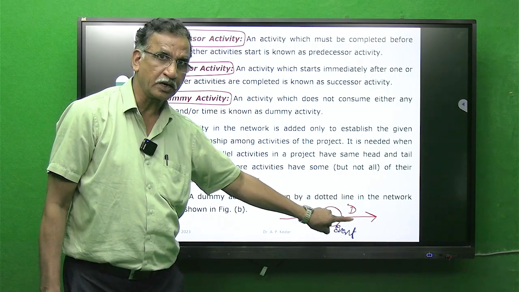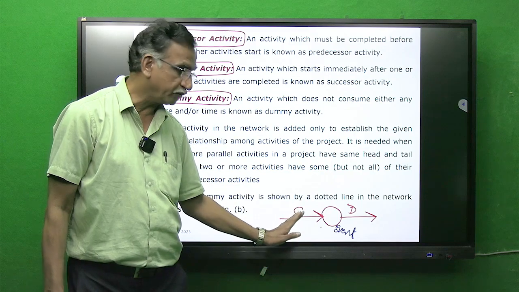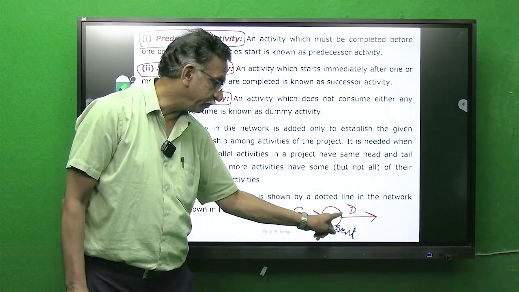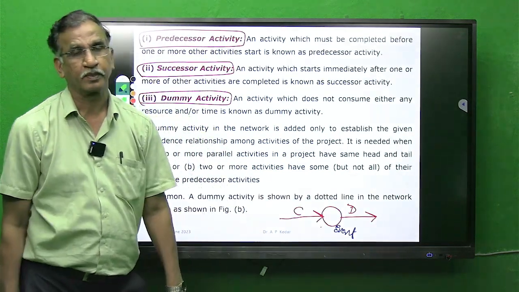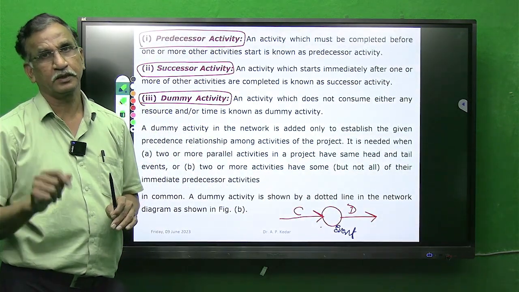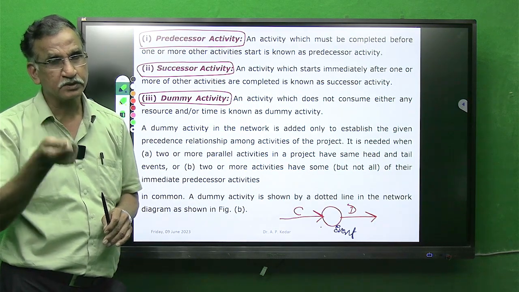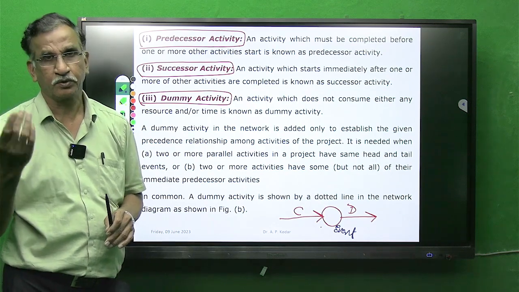Activity D can start only when activity C is completed, and when activity C is completed, in turn the event is completed; an activity can start only when this event is completed. So unless and until the predecessor activity is completed, the successor activity cannot start.